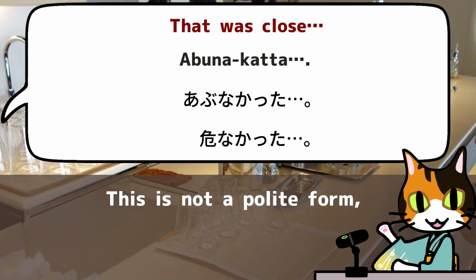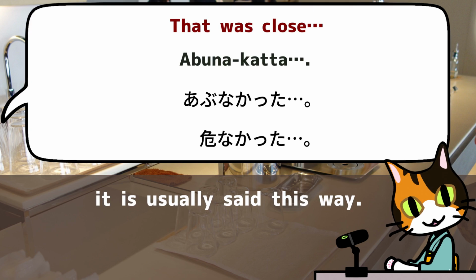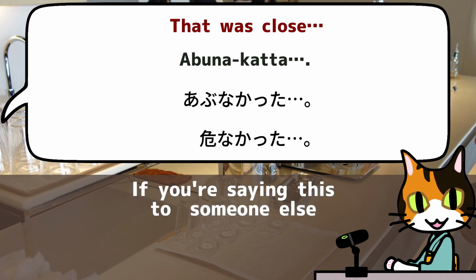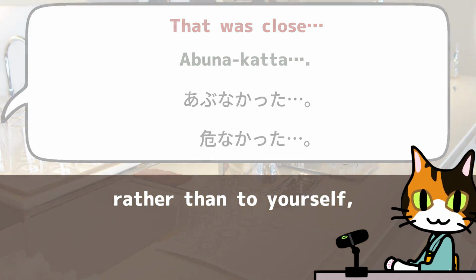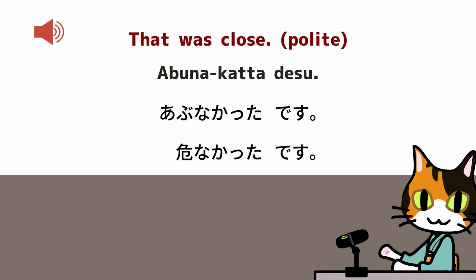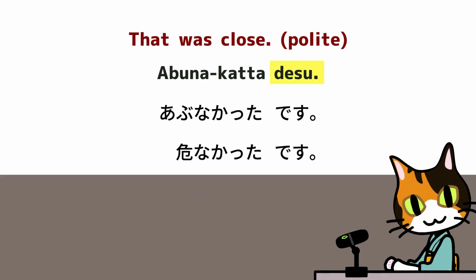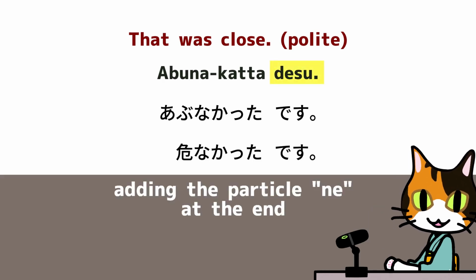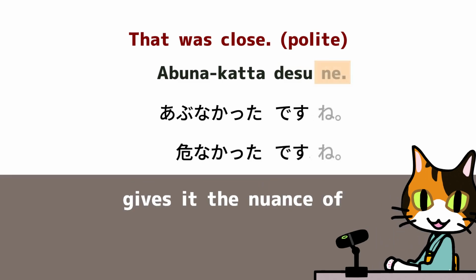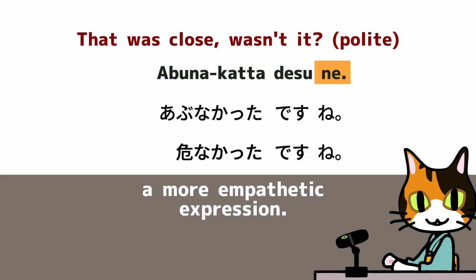This is not a polite form, but when speaking to yourself it is usually said this way. If you're saying this to someone else rather than to yourself, you can make it polite by saying it like this. 危なかったです。 Adding desu makes it polite. Furthermore, adding the particle ne at the end gives it the nuance of, isn't it, making it a more empathetic expression.